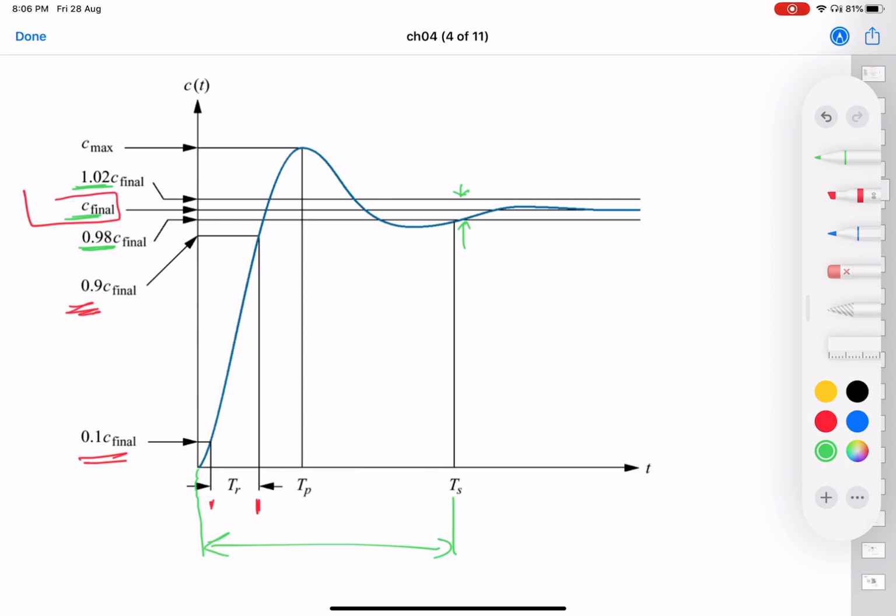So these two definitions we straight away take from the earlier time domain specifications of first order systems. Now you can define one more quantity here, which is called the peak time, and which is the time required to reach the first or maximum peak. So the time required to reach the first peak or the maximum peak is called the peak time.